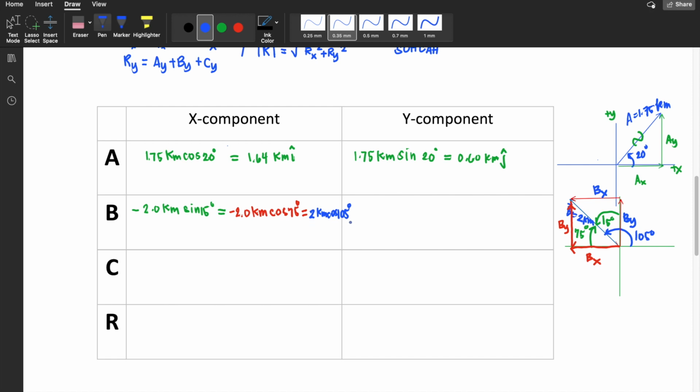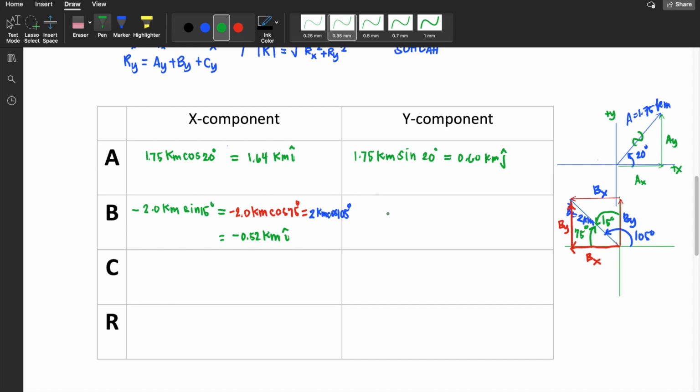So you will yield the same answer, that is equal to negative 0.52 kilometers i hat. Or you can move this negative sign adjacent to your unit vector.